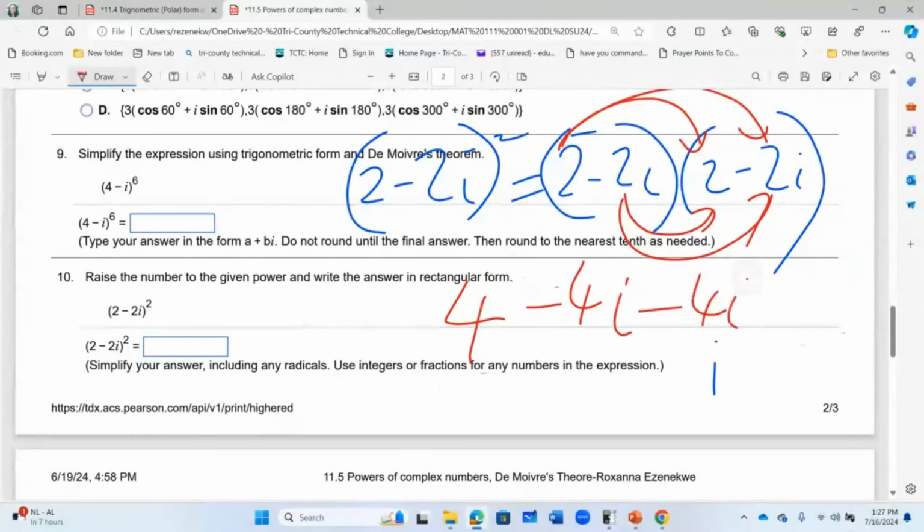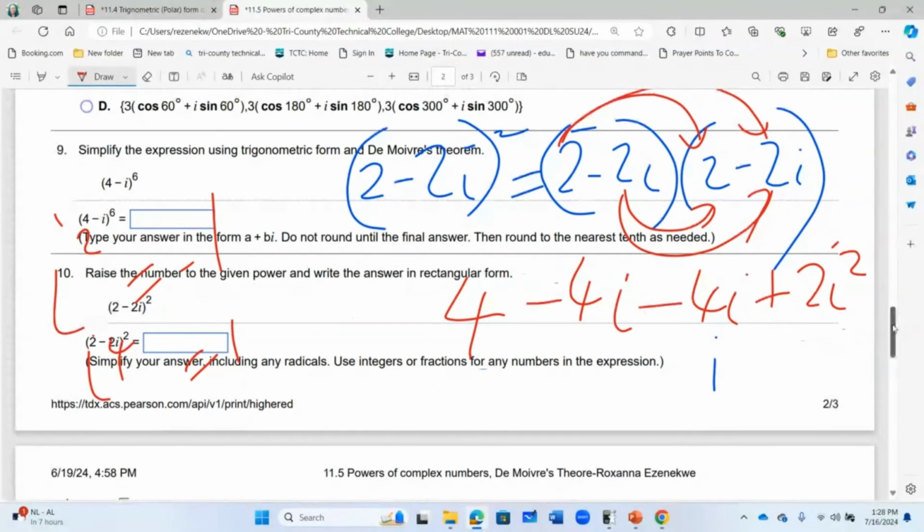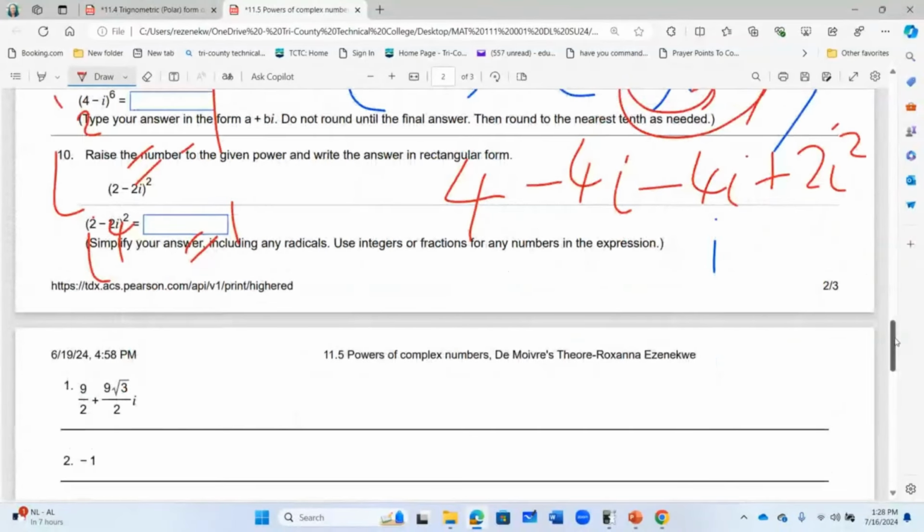Remember in your junior class, Math 110, we talked about i squared being equal to negative 1 always. i to the power of 4 is equal to 1. So when you get to powers of i, let's quickly talk about it; I won't take too much time because we have some more important things to do.